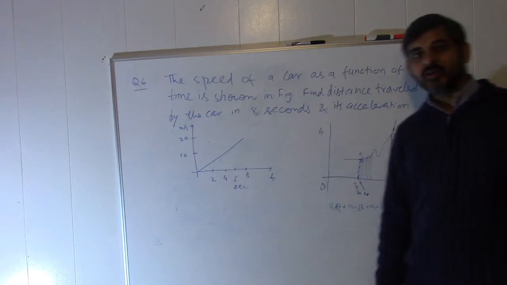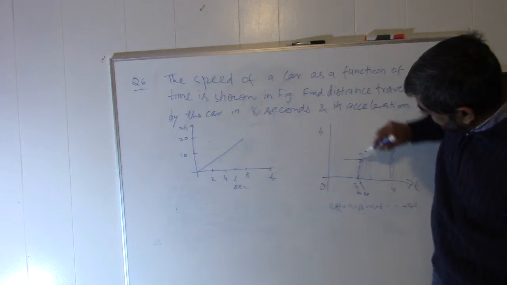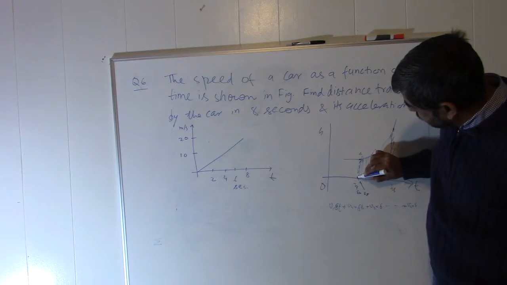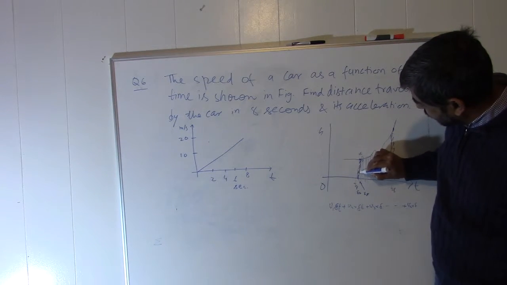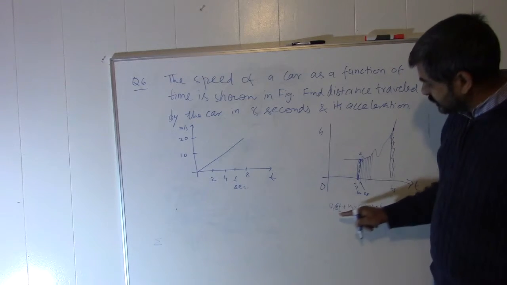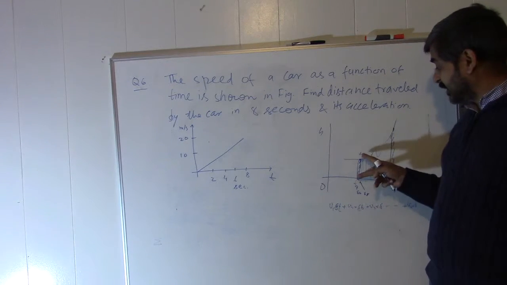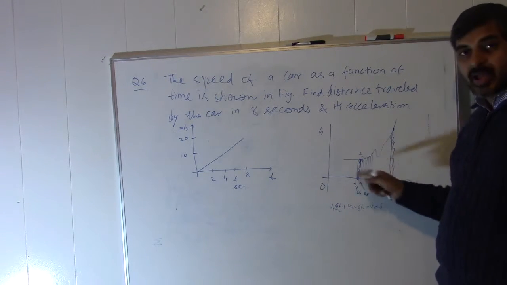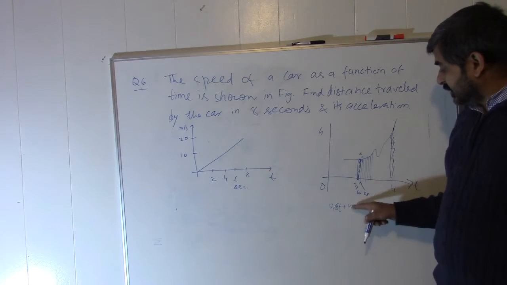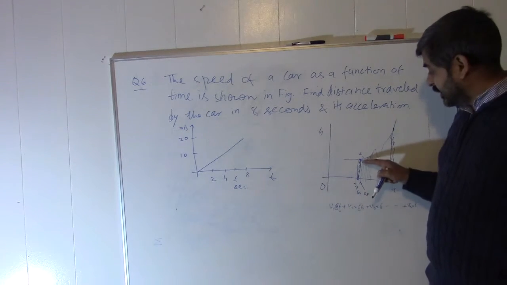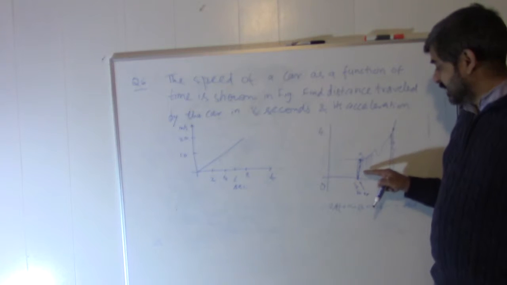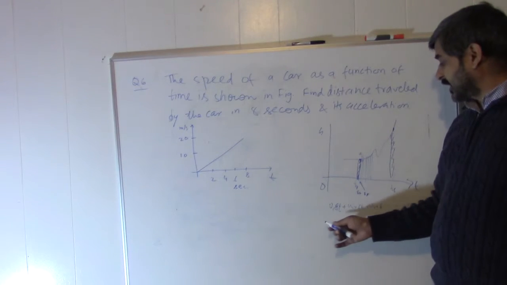Now what is v1 into delta t? If this is very small, we can think of this strip as a rectangle, and v1 into delta t is nothing but the area of this rectangle. In the same way, this is the area of this rectangle, and the third is the area of this rectangle.